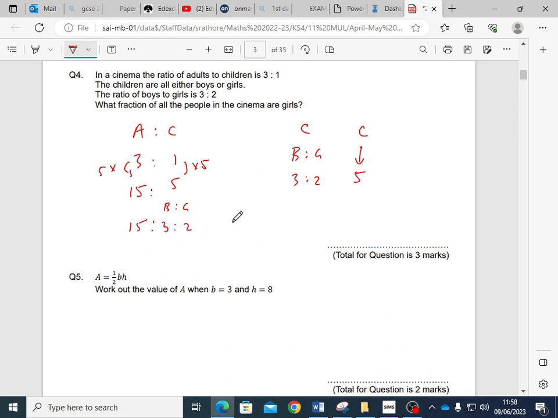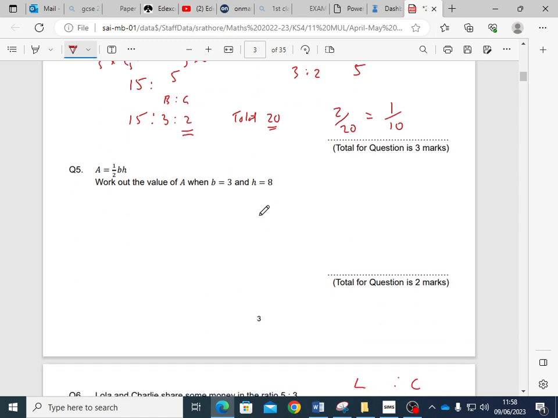Altogether, there are going to be 20 parts, of which 2 parts are girls. So what fraction of people are girls? It's going to be 2 out of 20, which is going to be 1 out of 10. Okay, just be careful on that one, that's a tricky one.